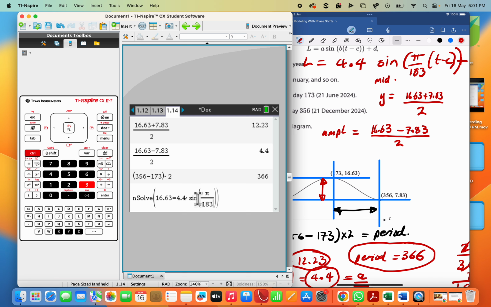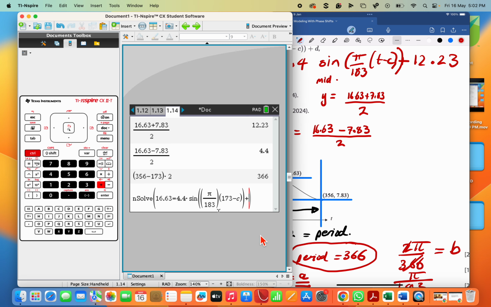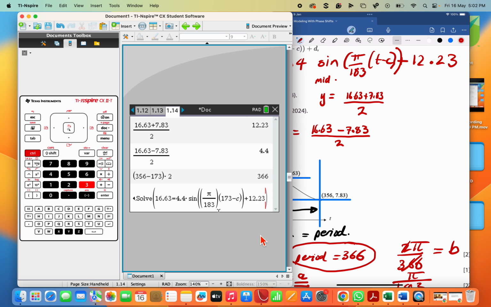Okay, and that was sine of, I need to put a second bracket here, gets a bit tricky, sine of pi over 183 times, and inside that was t minus c. Okay, but the t value is the 173, 173 minus c. Let's have a look, does that look right? Sine of, open bracket, that guy times 173 minus c. Yeah, that looks good. And then we've got plus the midline, and that was plus the 12.23. And we're going to solve that comma with respect to c.